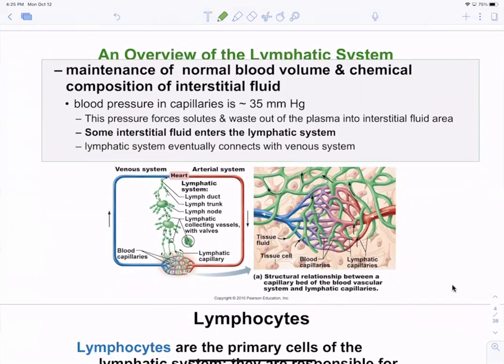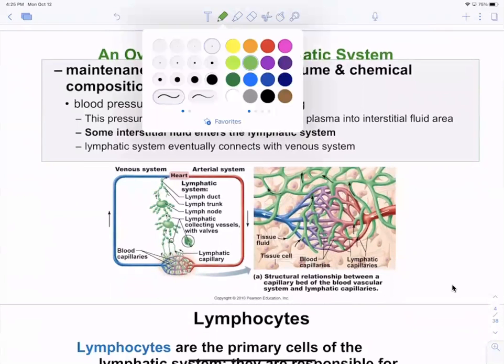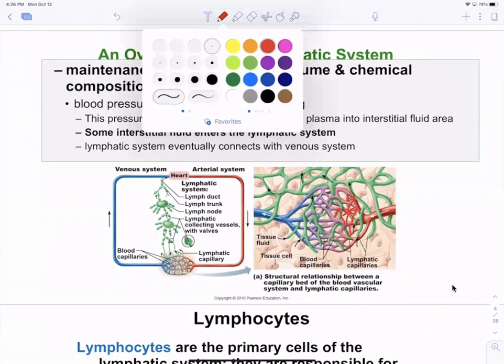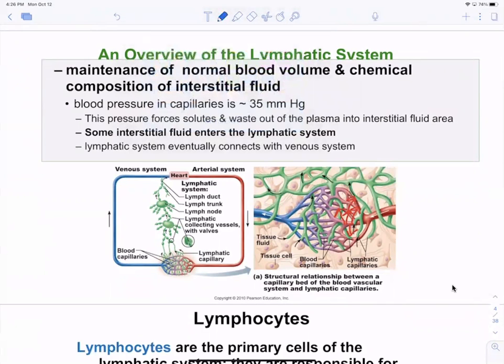You learn about this more in physio, but you have fluid leaving the arteries, right? And it's going into the interstitial environment. And then some of this fluid is going back into the veins. But a certain amount of fluid doesn't go back, and that fluid then gets put into the lymphatic capillaries that are originating in the peripheral tissue.